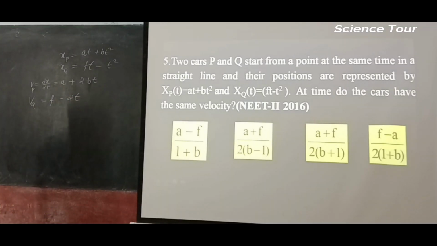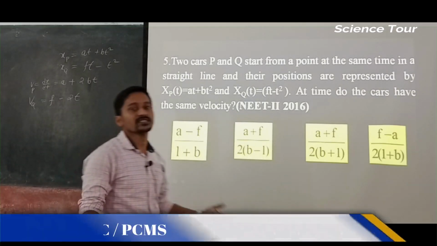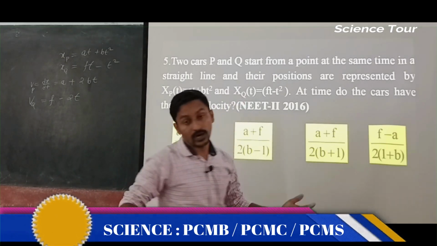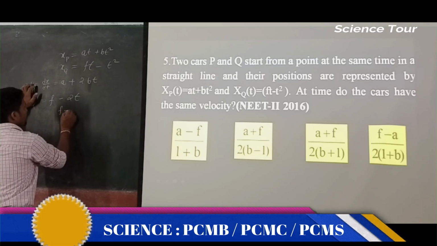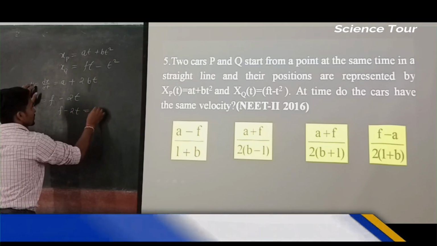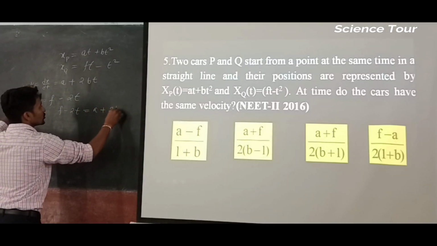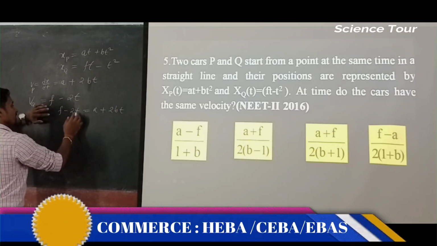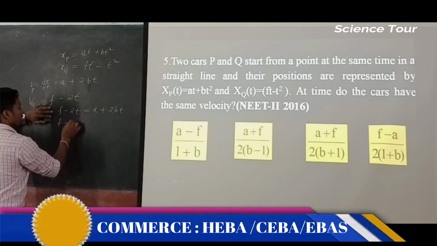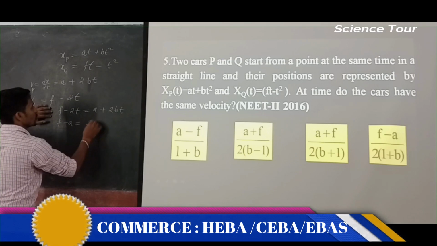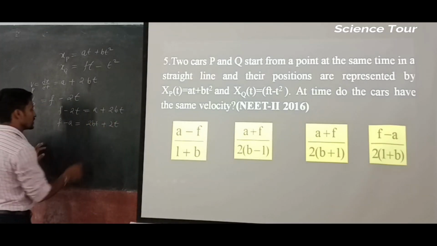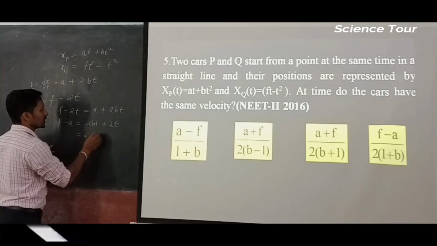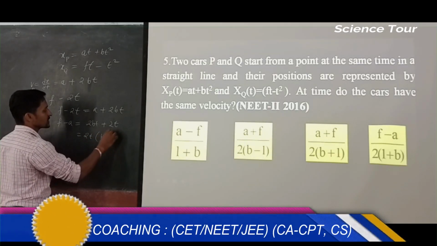Now they are told that at some time Vp is equal to Vq. What is that time? Now I am writing these two as equal: F minus 2t is equal to A plus 2bt, both are the same. So I am going to bring t here: F minus A is equal to 2bt plus 2t. 2t is a common term, so 2 into t is equal to b plus 1.